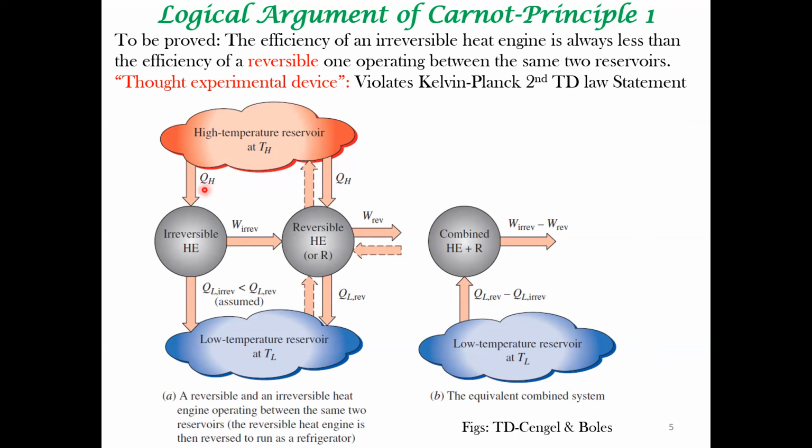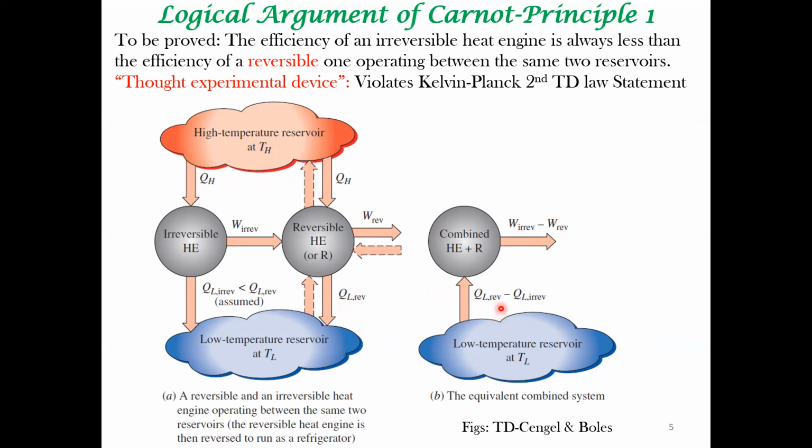So this QH is cancelled by this QH. What you get is a net work of W irreversible minus W reversible using just the heat exchange with the low temperature reservoir.